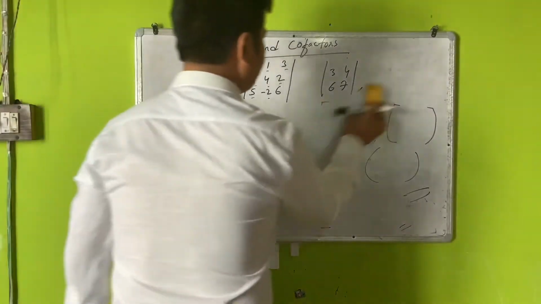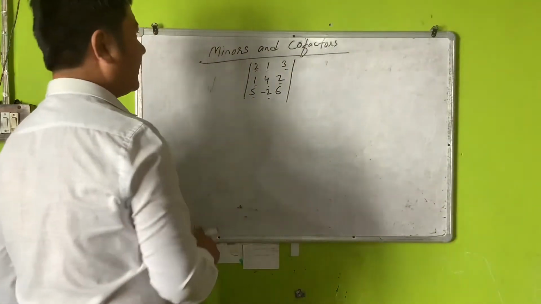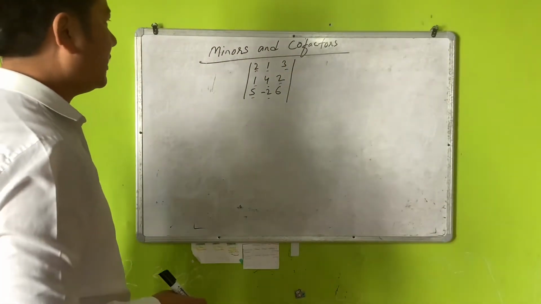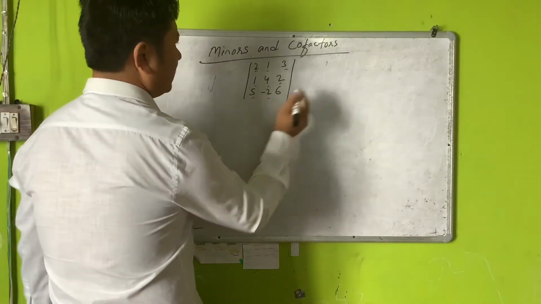Now you have to find minors and cofactors. You have to understand minor and cofactors. So minor.